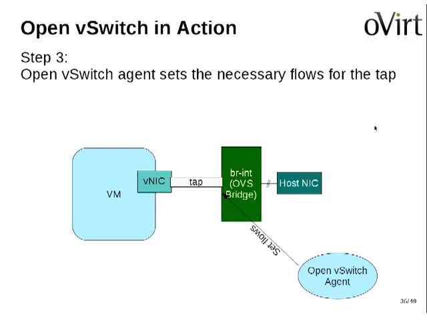Now the agent knows how to set the flows, so it just goes and sets the necessary flows for the tap. So it goes to the integration bridge and sets some flow, and it goes to each label bridge, each provider bridge, and sets the flow there.